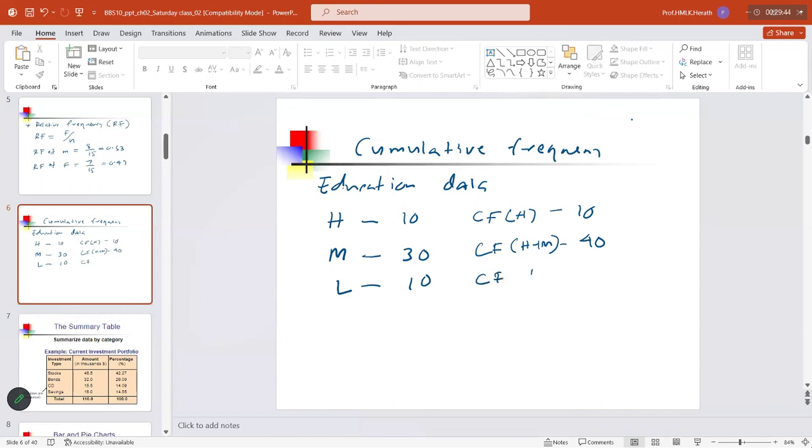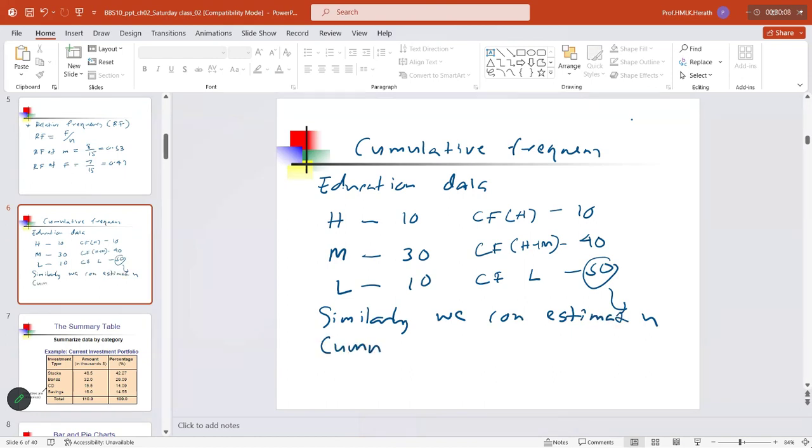The cumulative frequency at low equals 50, which is the sample size. So this is called cumulative frequency. Similarly, we can estimate cumulative relative frequency as well. Please keep note of this.